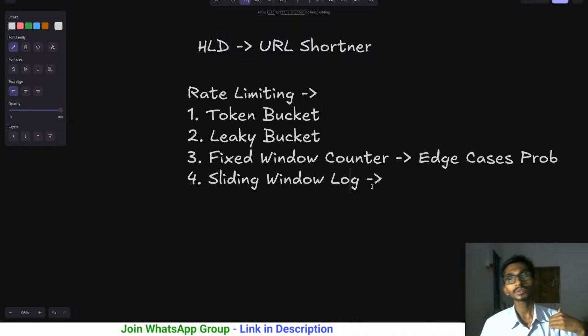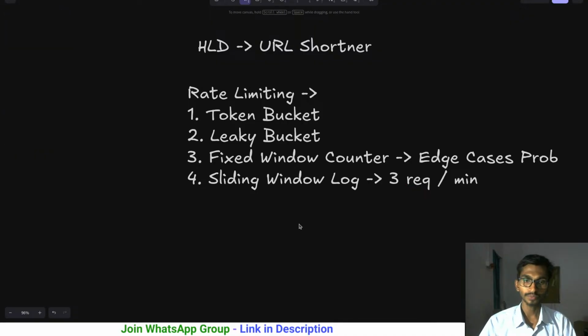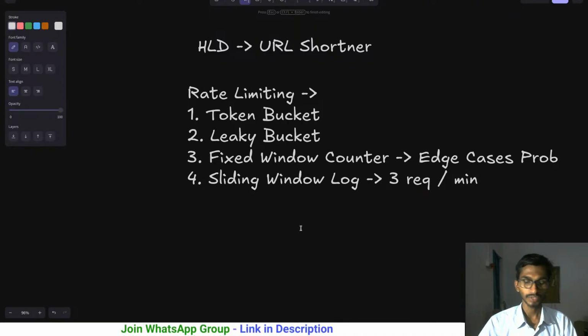If those requests are more than the limit, then the request is going to be dropped, and if they are fewer, then the request is going to be accepted. Suppose 3 requests are accepted per minute, in one window.